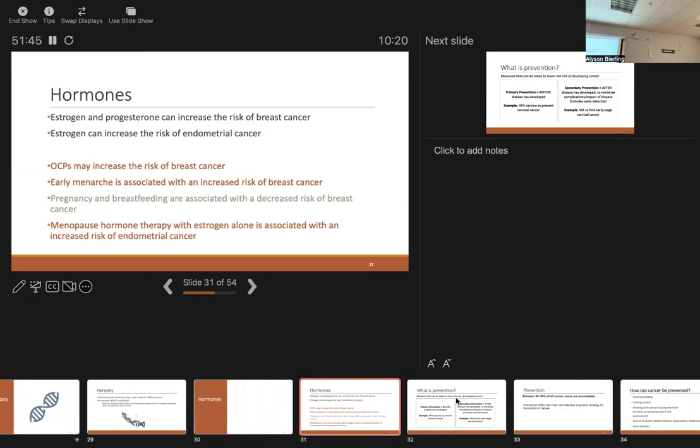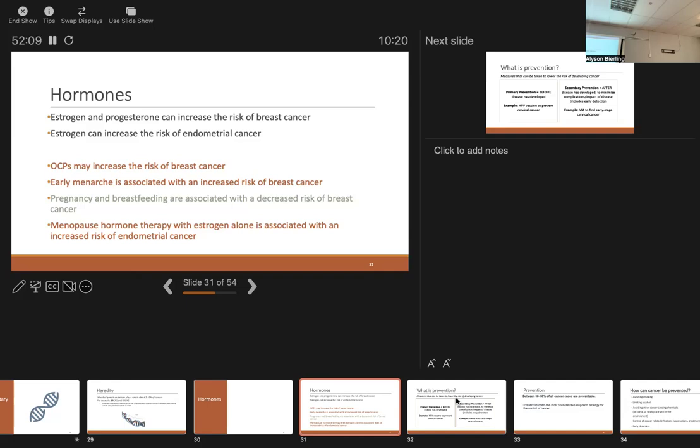So oral contraceptives might increase the risk of breast cancer. An early menarche, so an early period, is also associated with an increased risk of breast cancer. And then pregnancy and breastfeeding are associated with a decreased risk of breast cancer.